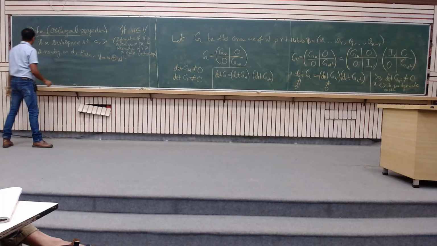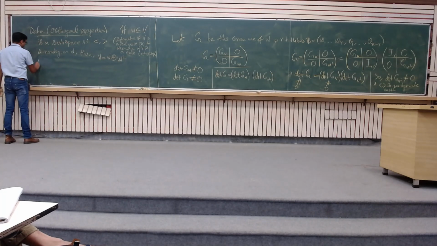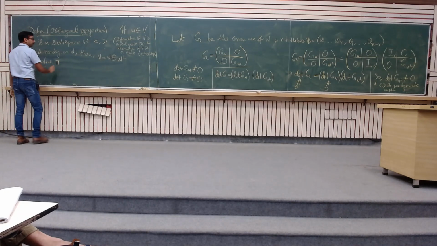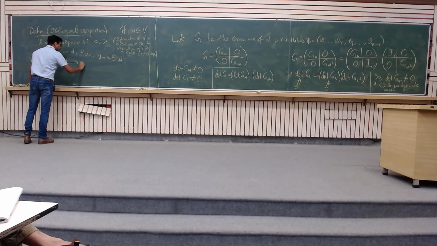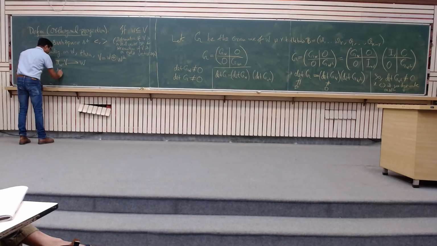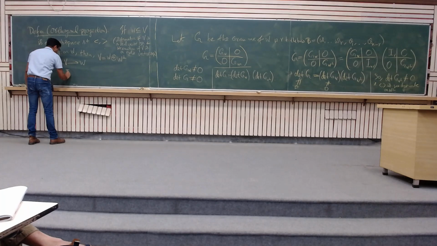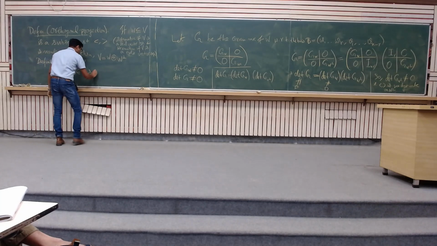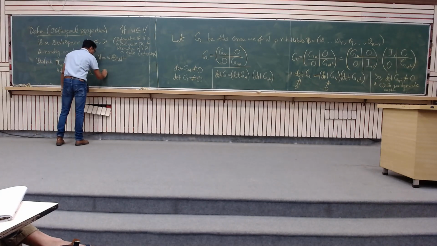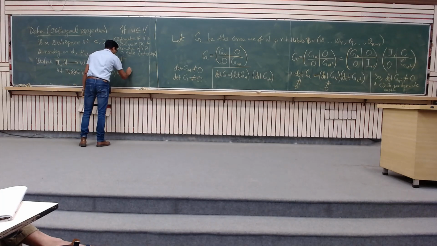Now define pi_W from V to W such that pi_W(v) is in W and v minus pi_W(v) is in W perp.